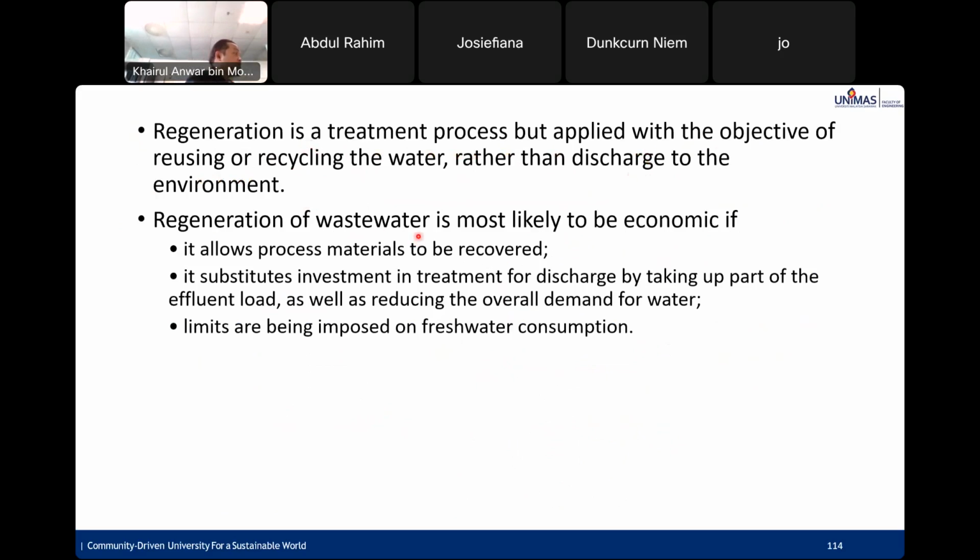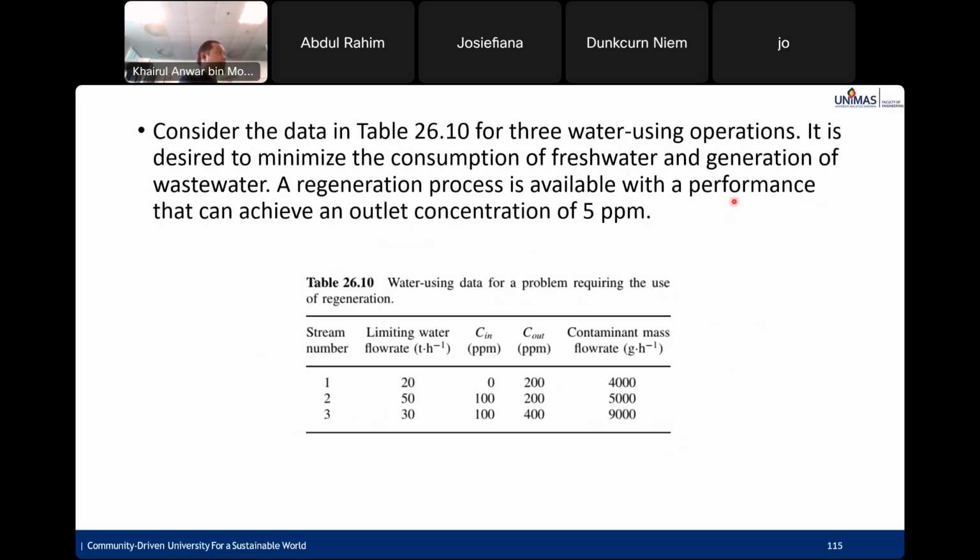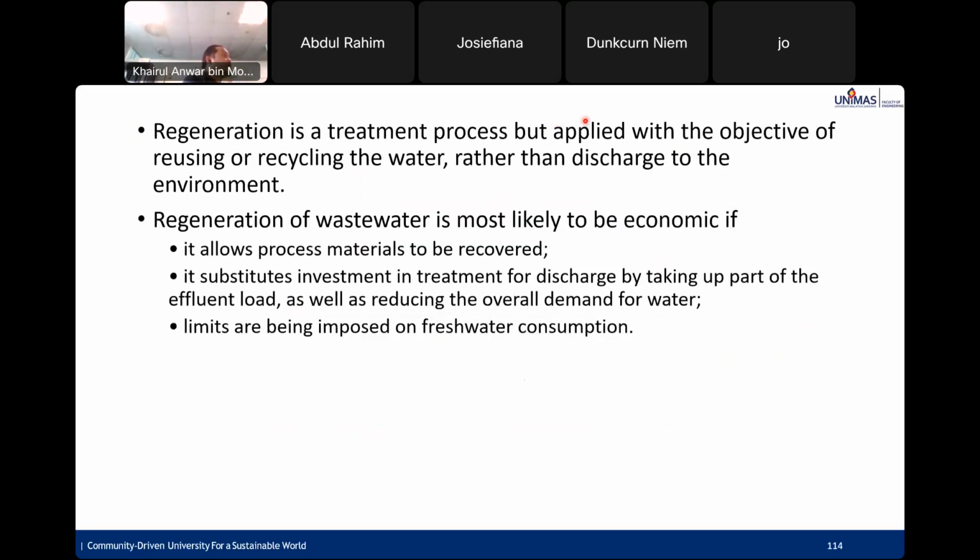The regeneration of wastewater is most likely to be economic if it allows processed material to be recovered, and it substitutes investment in treatment for discharge by taking up part of the external load, as well as reducing the overall demand for water.